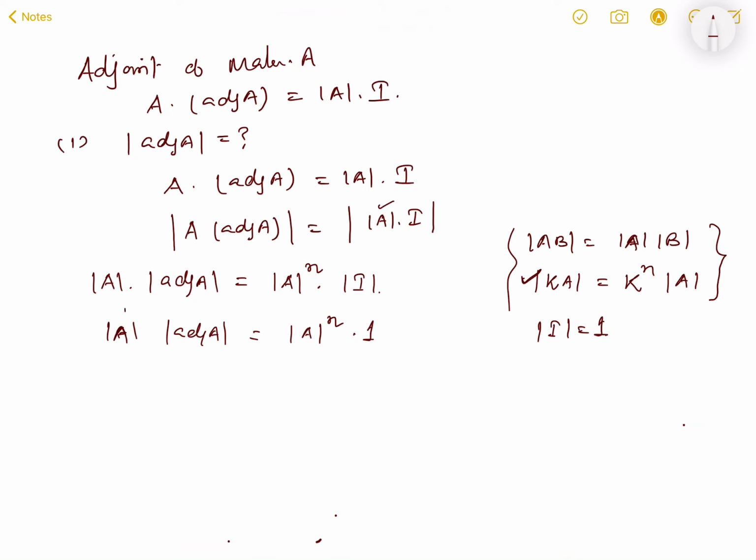As determinant A is a numeric number, we can divide, like 5 into determinant adjoint A. So this can be written as determinant A to the power n over determinant A. This is equal to determinant A to the power n minus 1. So the value of determinant adjoint A is determinant A to the power n minus 1.